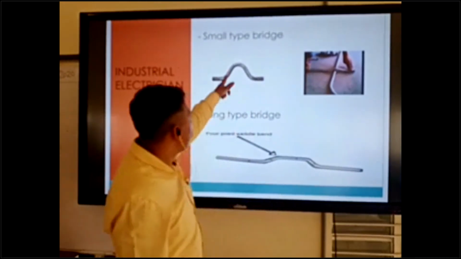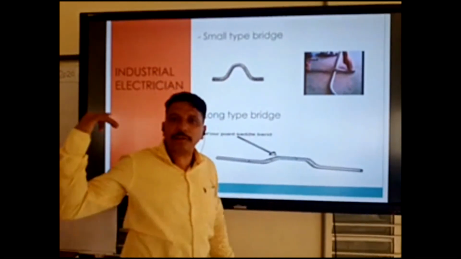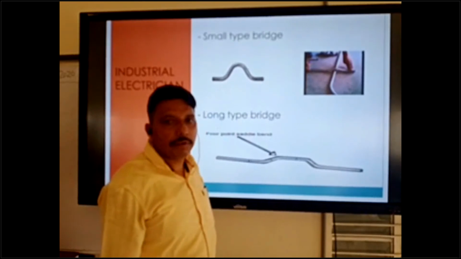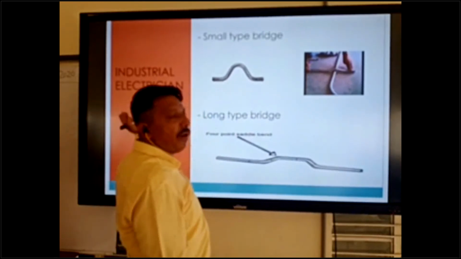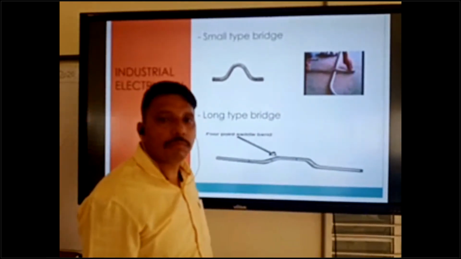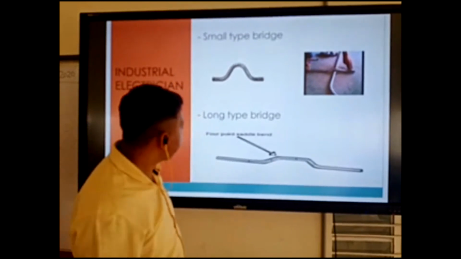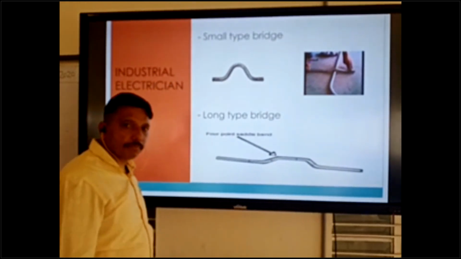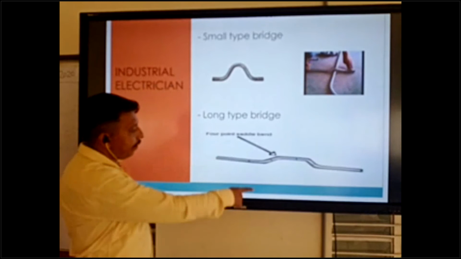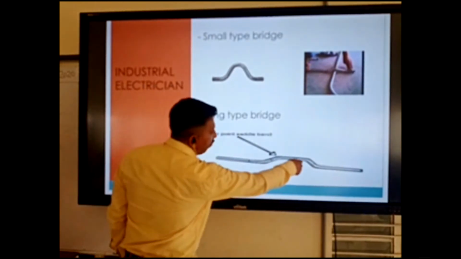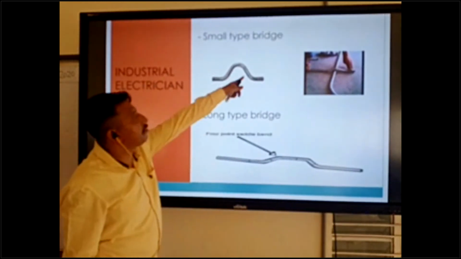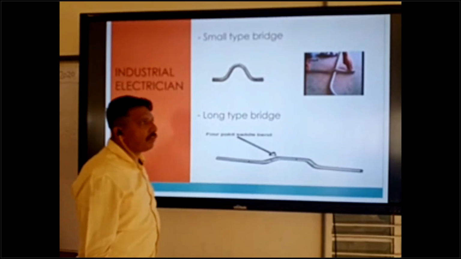So don't forget this formula; using it makes things easy for you. Clear about this one? There are 1, 2, 3, 4 markings, and for the small bridge only 3 markings are enough.